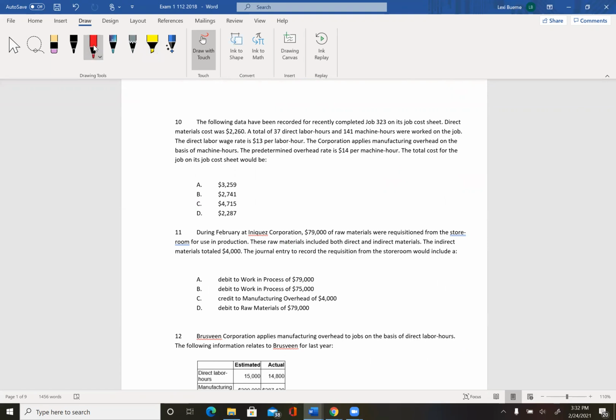So we're going to start with first finding your direct labor costs. This is kind of like what I was talking about. See how it says total cost, like what I was talking about in the short answer. The formula is going to be direct labor hours times your wage rate.